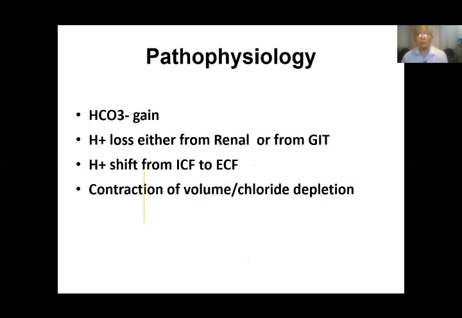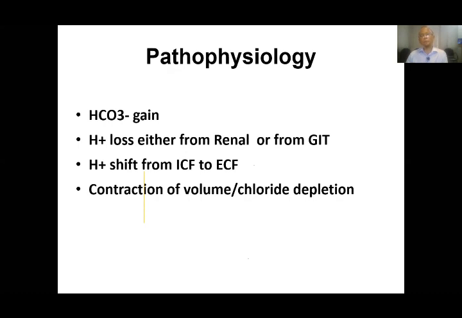Now comes the pathophysiology. In case of metabolic alkalosis, there will be a higher bicarbonate level, and there is hydrogen loss either from the renal system or from the GIT. Hydrogen ion will shift from intracellular space to extracellular space, and there is a contraction of the volume or chloride depletion.